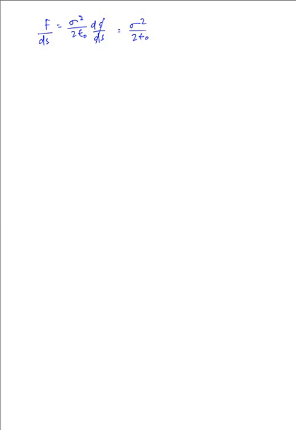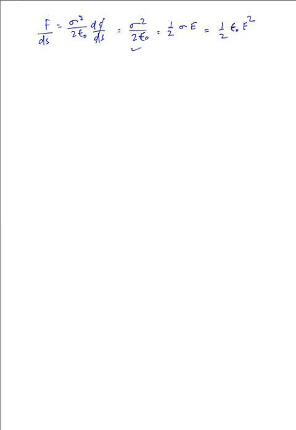Sigma squared over 2 epsilon naught being the force per unit area, as we know that sigma over epsilon naught is simply E, we keep one of those sigmas over here, we keep the half over here, and sigma by epsilon naught is going to be E. So this is half times sigma E, or we can also write it as half of epsilon naught times E squared, with one epsilon multiplied at the top and another multiplied in the denominator.